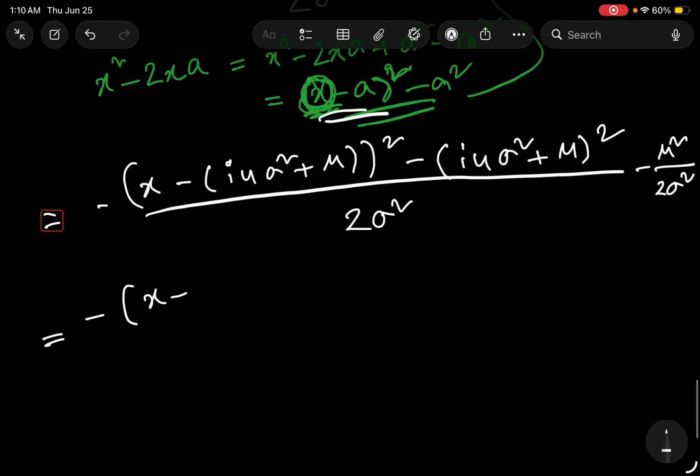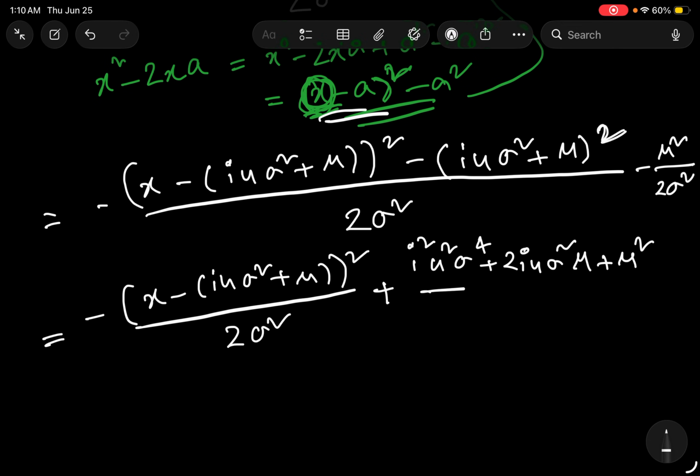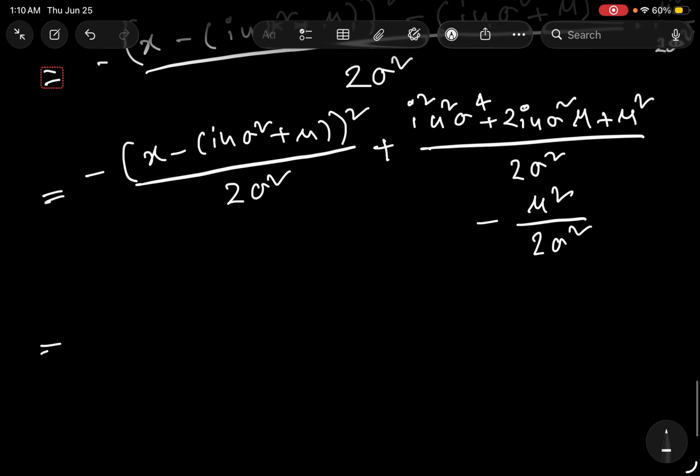Now we have this, we're taking it out, and plus we're going to expand this square. This becomes i square u square sigma to the power 4, minus 2 i u sigma square mu, plus mu square by 2 sigma square, minus mu square by 2 sigma square.